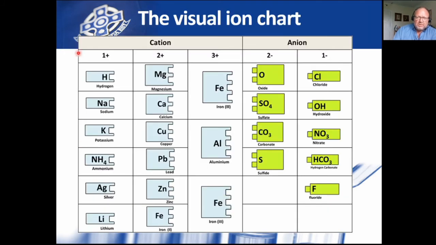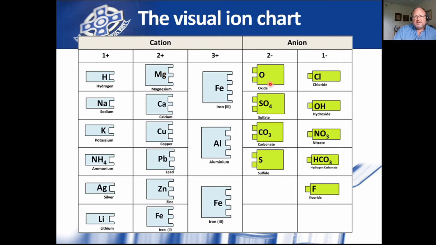And we can visualize all of them in that same way. So if we wanted to take, for instance, magnesium and oxygen, 2 spaces and 2 that want to go into there. Okay, so that is a 1-to-1 ratio.